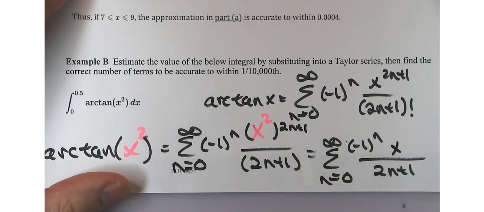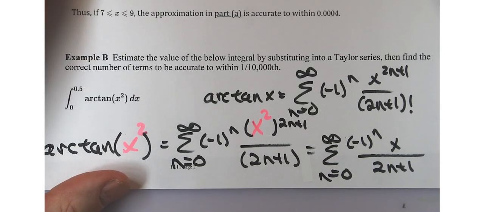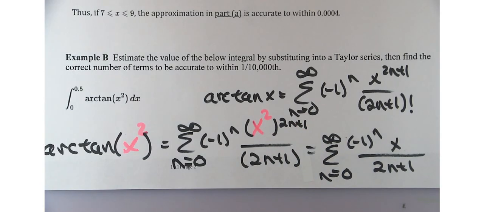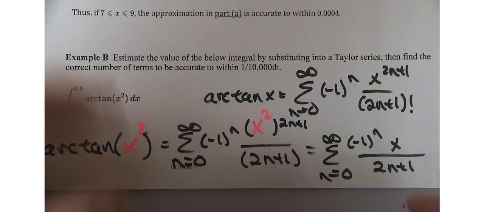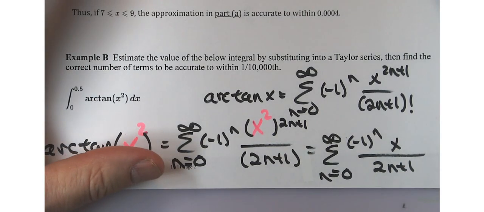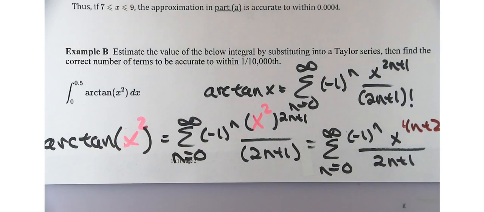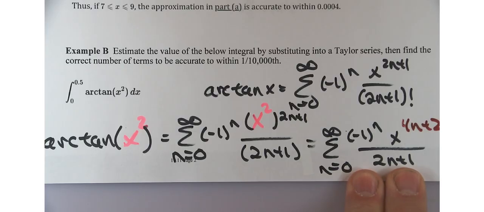What power of x am I going to have? What happens with these exponents? Do they add, subtract, multiply, or divide? Multiply. So what's the exponent going to be up here? 4n plus 2. Thank you for distributing. Nice. So 4n plus 2. So it's this term that we need to integrate.